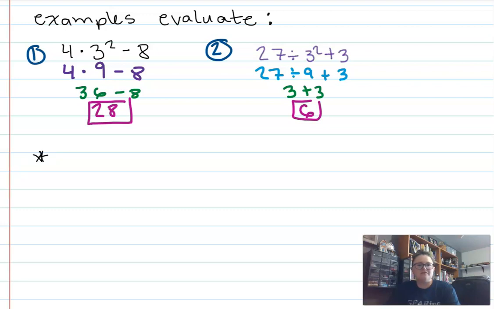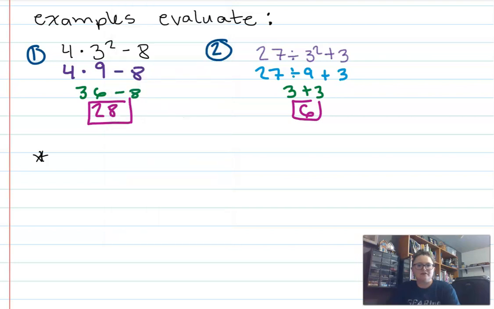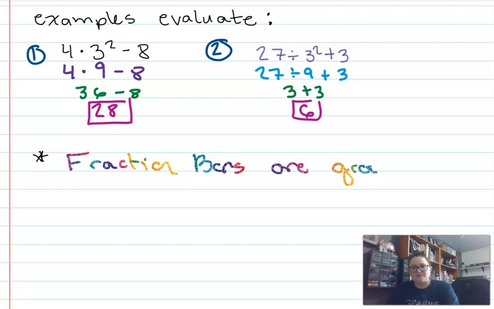I'm going to use a fatter pen for that. Let's do rainbow. Fraction bars are grouping symbols.